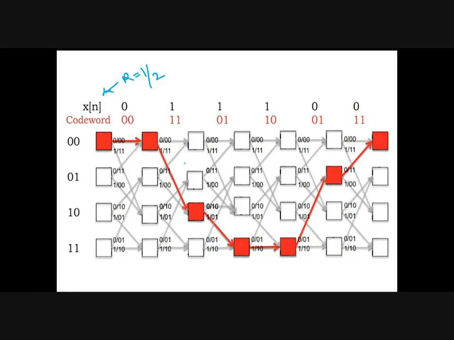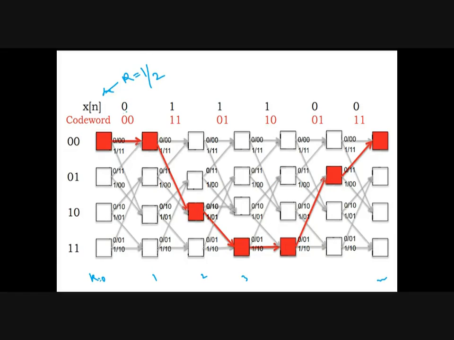In the trellis diagram, there is a transition of state for every instant: k equals 0, instant 1, instant 2, instant 3, and so on till instant n. For every instant, we define the input versus output as the state changes from one to another.